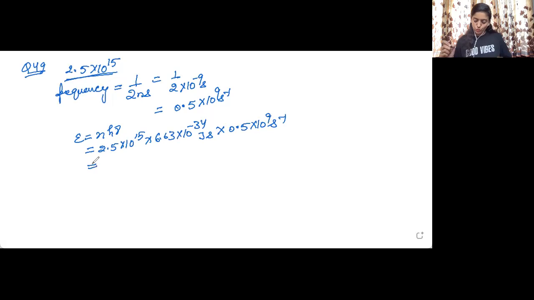So it will be equal to 2.5 multiplied by 6.63 multiplied by 0.5, which is equal to 8.29 into 10 raised to the power -34 plus 15 plus 9. So it is coming out to be equal to -10. So this much energy will be associated with the source.